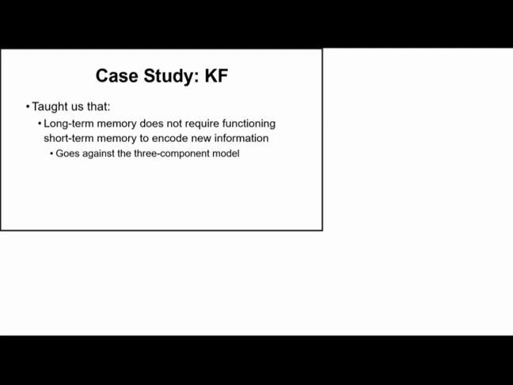So this is one of those pieces that gives us some evidence that maybe short-term memory isn't a distinct component on its own. Maybe it's slightly different. Maybe we can still form long-term memories even if we don't have the ability to form short-term memories. So maybe it's a different system. Maybe it goes around. We're not quite sure. So this is basically that big problem that we run into that goes against a system that works pretty much consistently for everything else.